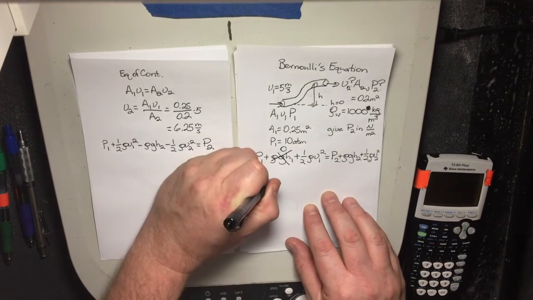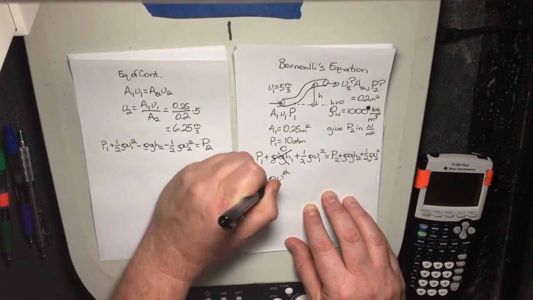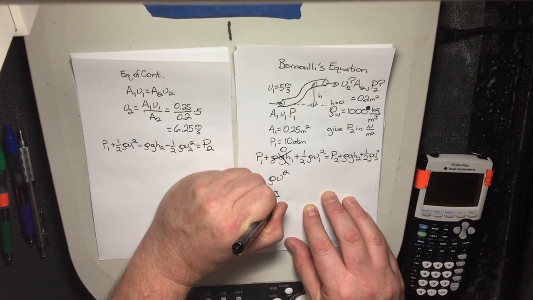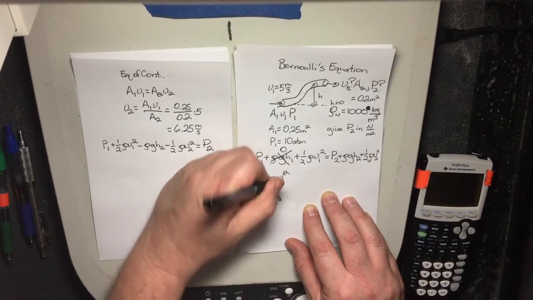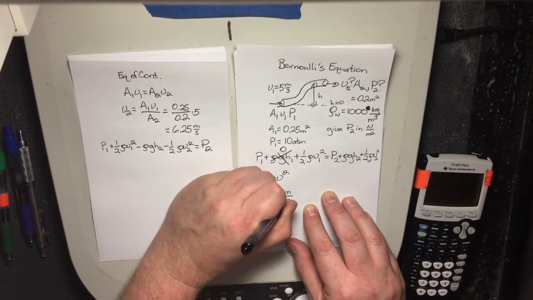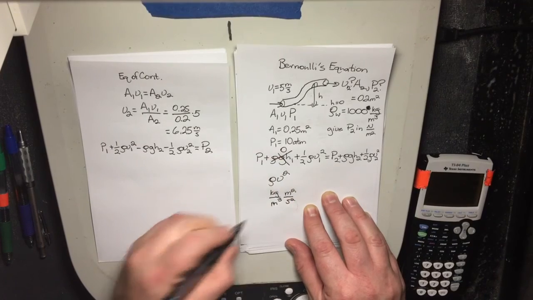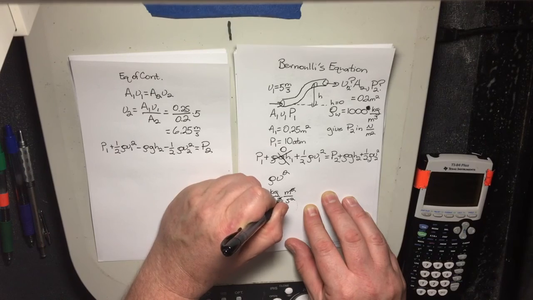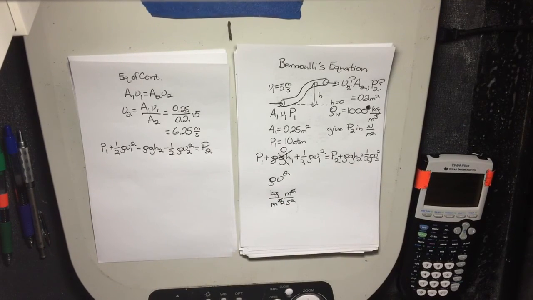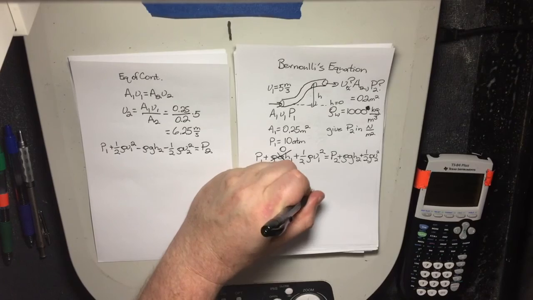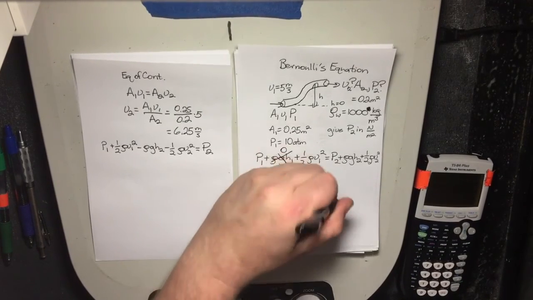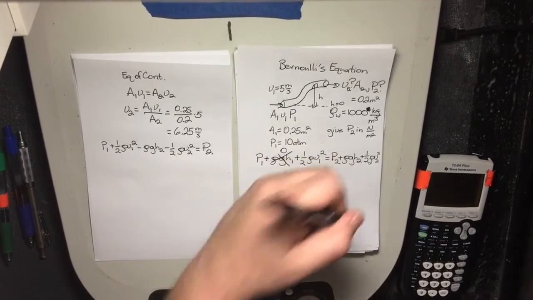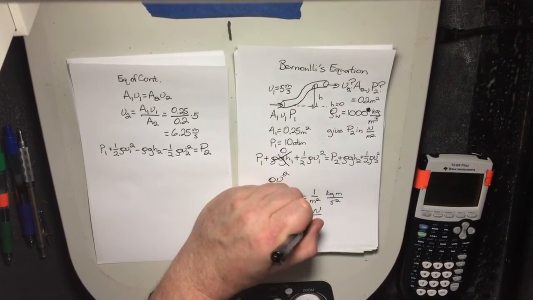When you look at rho v squared, rho is in kilograms per cubic meter, and velocity is in meters per second, or square meters per square second. I'm going to cancel out only one of the meters, and this becomes kilograms per meter per second squared, which gives you newtons per meter squared.